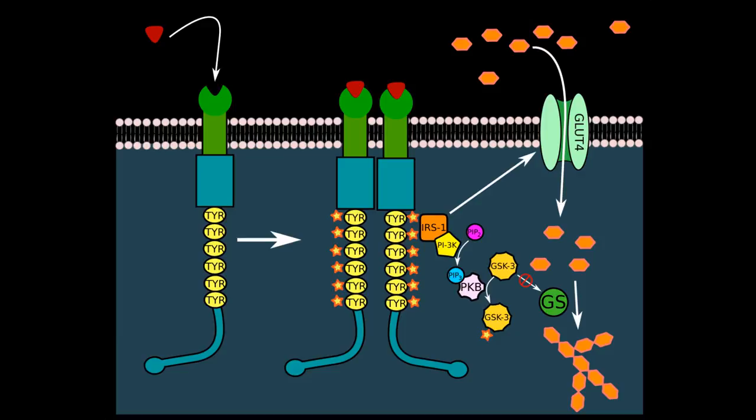And so this will start working again. Normally it doesn't work. So the end result here is if you get a ligand binding here, glycogen synthase is turned on. Because through this, we are inhibiting the thing that turns it off.